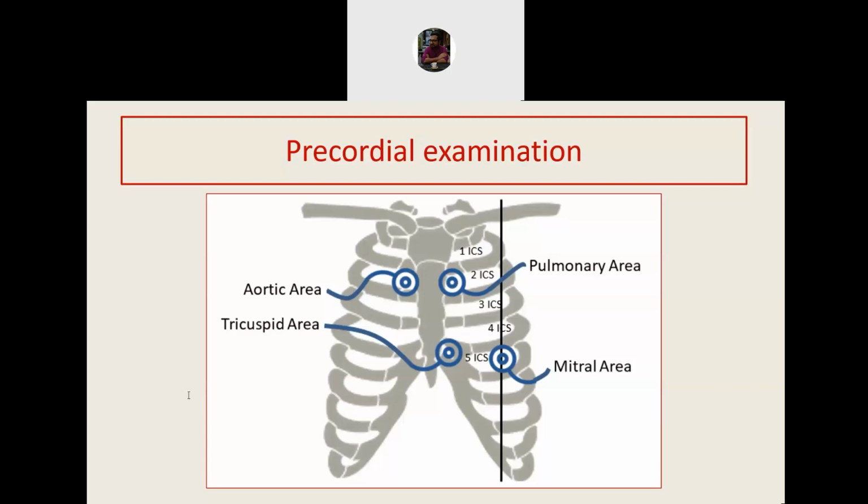These are the functional areas where sound from that particular valve will be heard best. So what are the four areas that we auscultate while examining the precordium? Let us first draw a schematic heart to illustrate the location of the different components.